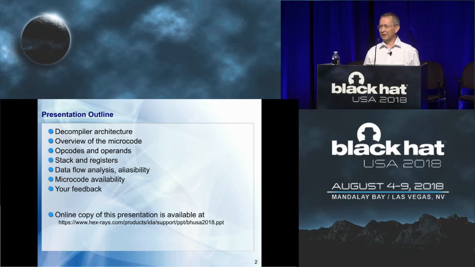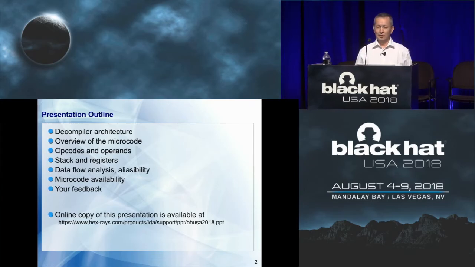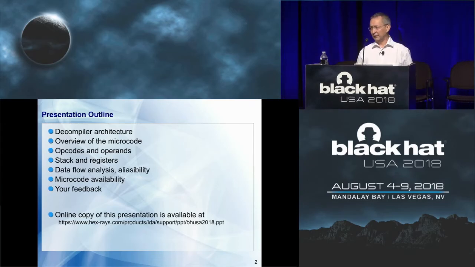Then, once we have these building blocks, we will start with stack and registers, and then we will talk about other operand types, and then finally, what kind of things we can do with the microcode. It enables data flow analysis, and because of that, many new analysis types are possible. Then I will tell you about the availability of the microcode and some time for questions and answers if we have time. I don't know.